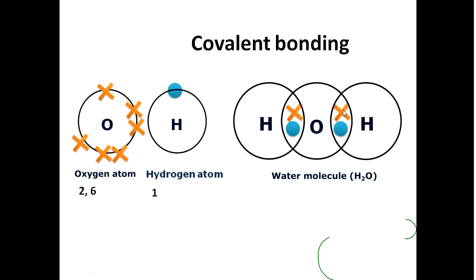So 1 electron is used from hydrogen, 1 electron is used from oxygen, and the remaining pair is also shown. And it's very important that you remember to show the electrons that are not being used, as well as the ones that are being used.